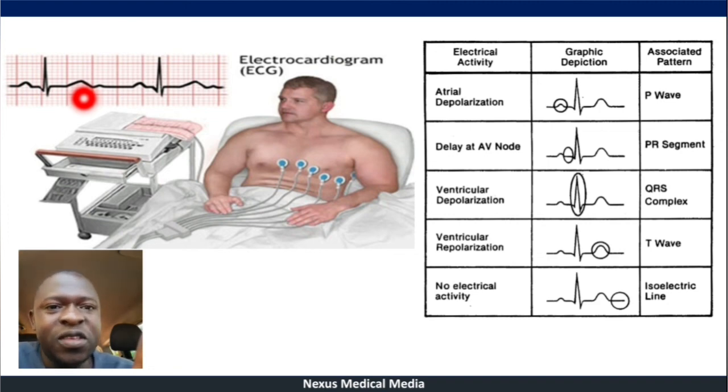On this ECG, I only told you about ventricular depolarization and repolarization, and for the atria, I only mentioned atrial depolarization. Where is repolarization? That's the question. Repolarization of the atria is buried within the QRS complex. Easy.